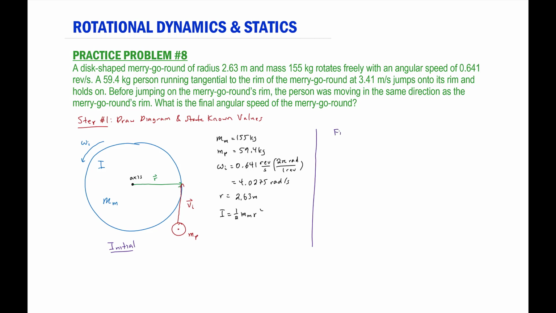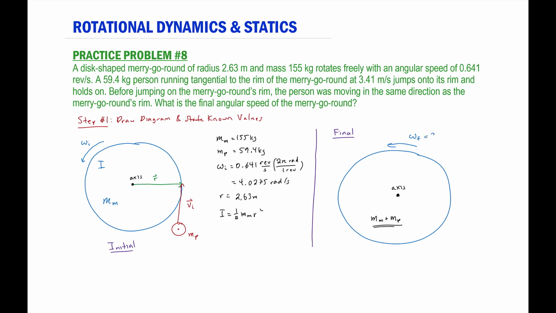Then we have our final scenario, where we still have the merry-go-round. We have an axis of rotation. The total mass is now m plus mp, and we'll get to this later. There's also a final angular speed, or velocity.